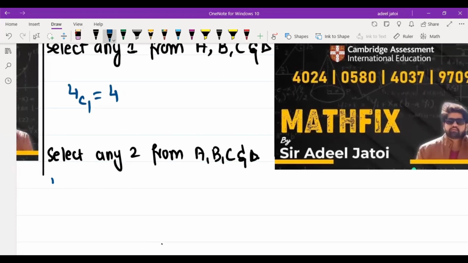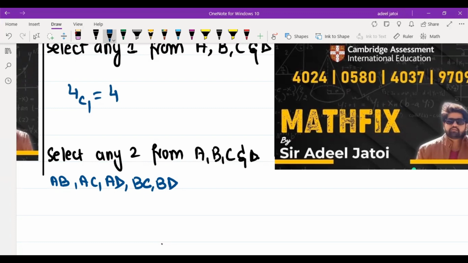I can select AB, right? I can select AC. I can select AD. Then I can select BC. Then I can select BD. Because obviously BA is already selected, AB was there, BC selected.